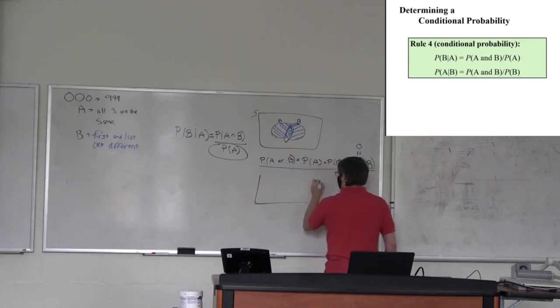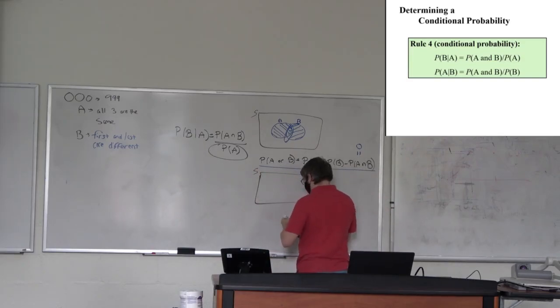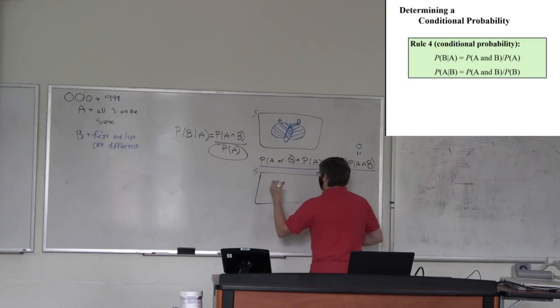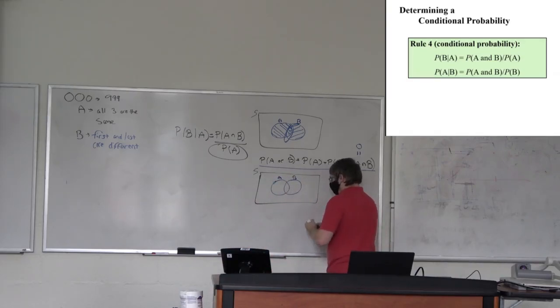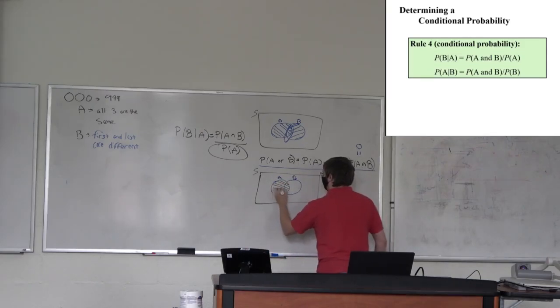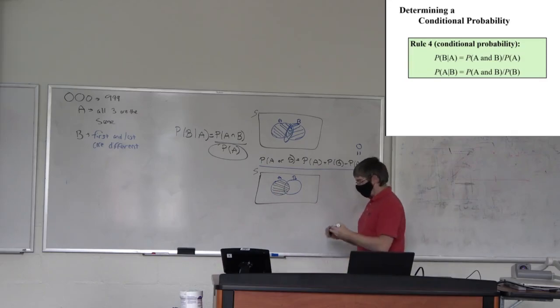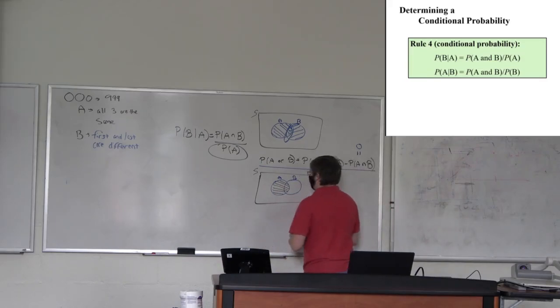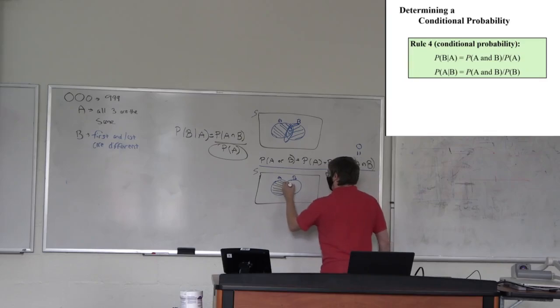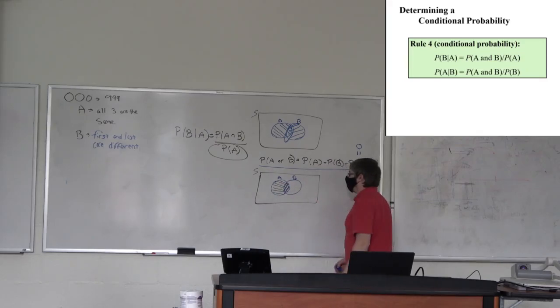So in the Venn diagram layout, A and B, essentially you're taking all of this right here, all these black lines across, and you're finding out what percentage of the portion is with this middle part in here.